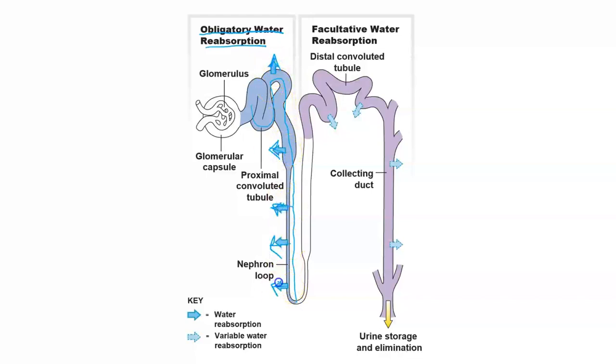The transport channels here are constitutively expressed, so the water just gets reclaimed as it passes along. Facultative water reabsorption is the type of water reabsorption that varies. It's variable, and so you can alter how much water is going to be reclaimed or not.